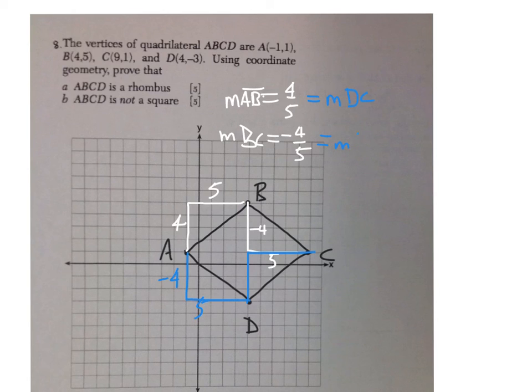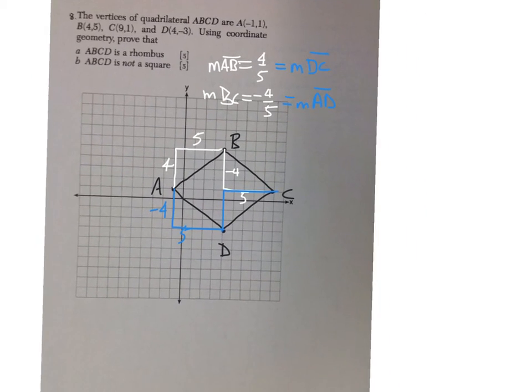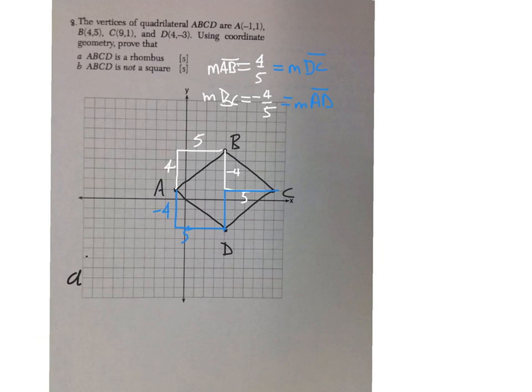But what I'm noticing with all the work here is that it's the same numbers showing up over and over again. So all sides have the same length.